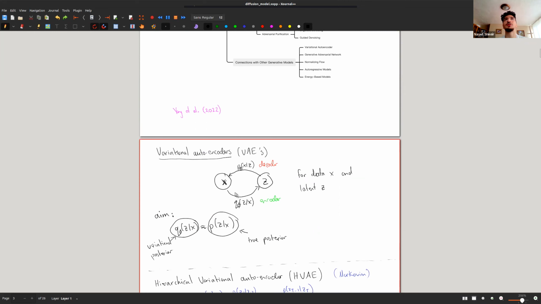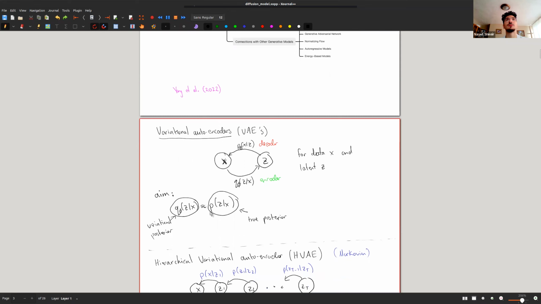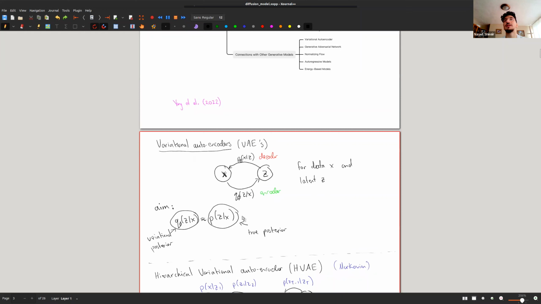With the variational autoencoder, you have your data X and some latent Z. You're trying to encode the information from X into some latent Z using an encoder, and then you try to decode this information back to X. The aim is to have the variational posterior as close as possible to the true posterior for some data X and latent Z. So you have a neural network that compresses your data into a lower dimensional Z, and then you upscale it back into X and take the difference in distributions, and then you're trying to minimize that. So these are variational autoencoders.